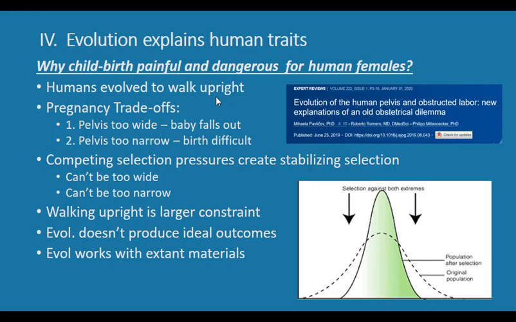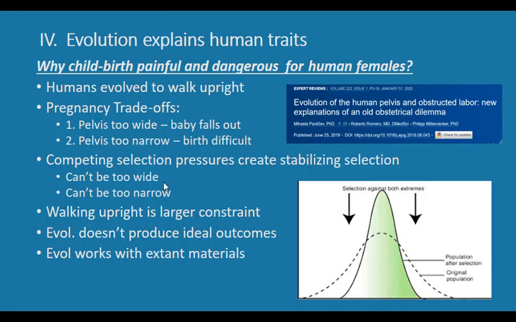But as soon as you start walking upright, the baby, because of gravity, is falling down towards the pelvis. And if the pelvis is too wide, the baby's going to fall out. But if the pelvis is too narrow, it makes the birth really difficult. So evolution does what it can, so to speak, and you have these competing selective pressures that create a stabilizing selection.